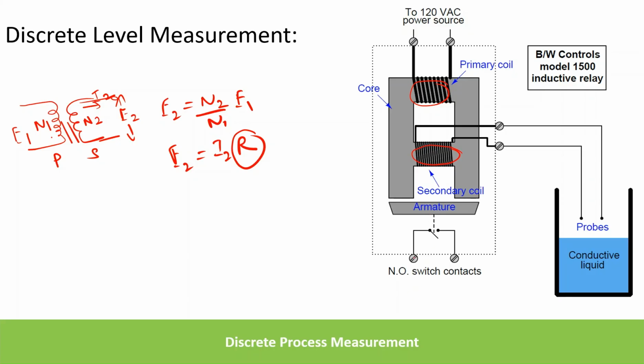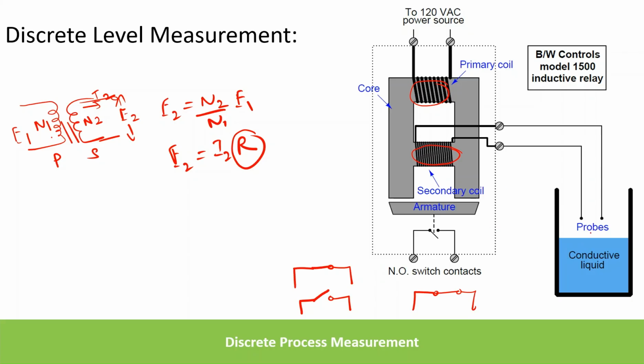Basically here, it's an NO contact. Whenever this relay is activated, this NO contact will become NC like this. If you have an NC contact for this relay, then in the not activated condition, this NC contact will become NO whenever the relay is activated. Depending upon the user requirement, the type of contact needs to be selected for your relay.